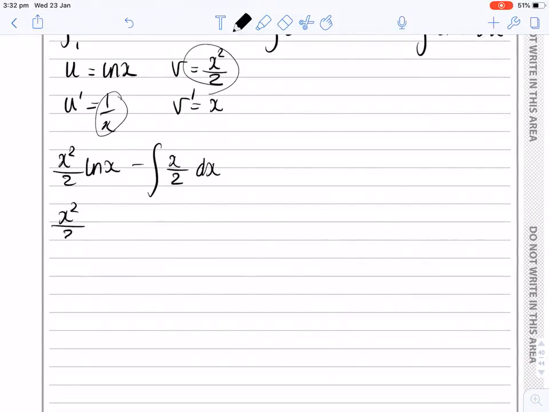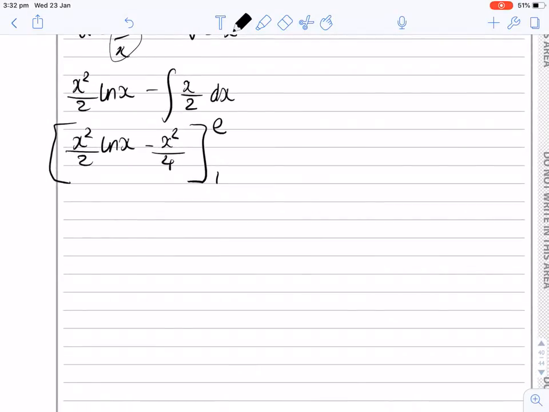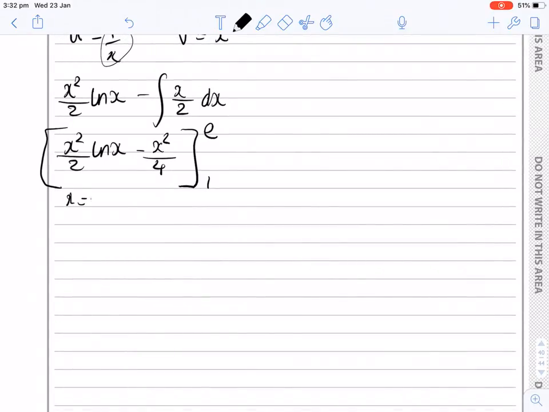So this is x squared over 2 ln x minus the integral of x over 2, which is x squared over 4. And so we're between e and 1. From here we sub e in, so x is equal to e, and we're going to have e squared over 2 times ln e, which is just 1, take away e squared over 4, minus when x is equal to 1.